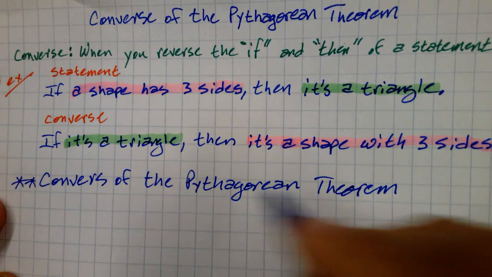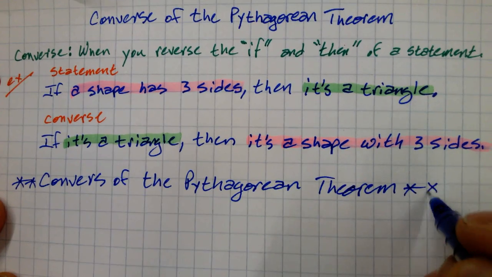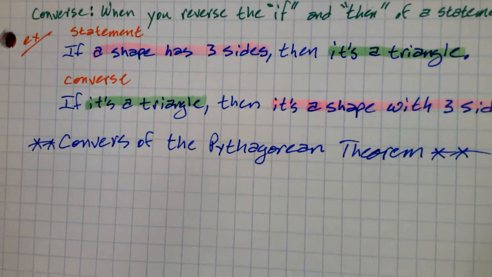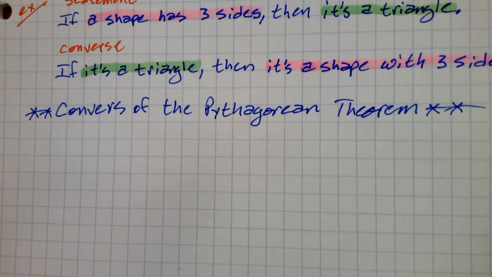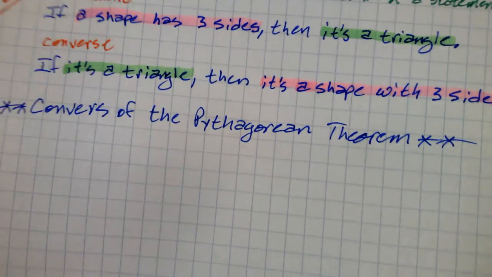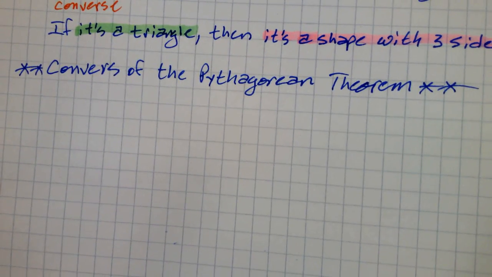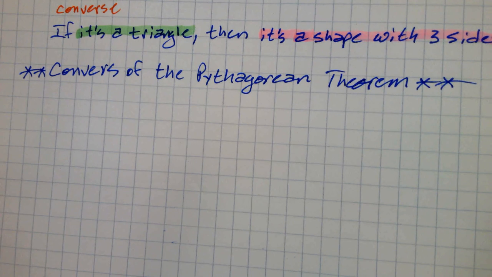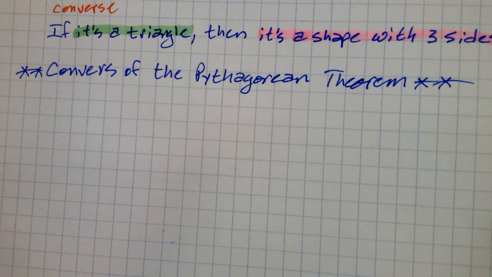Converse of the Pythagorean theorem. And we're just going to reverse our hypothesis and conclusion. Our hypothesis for the Pythagorean theorem was you have a right triangle. The conclusion was a squared plus b squared equals c squared, right? So let's reverse those.